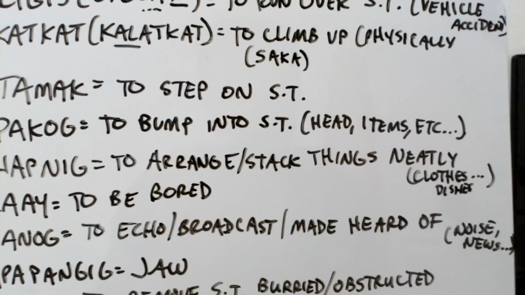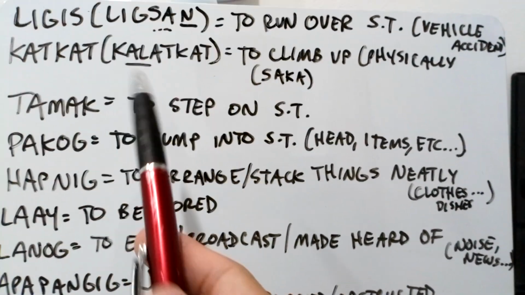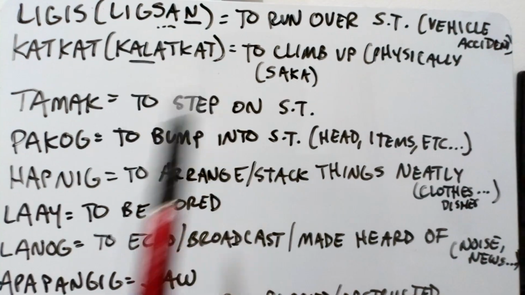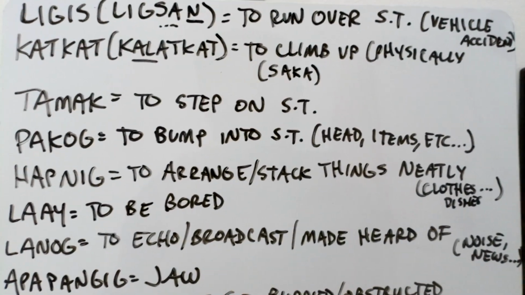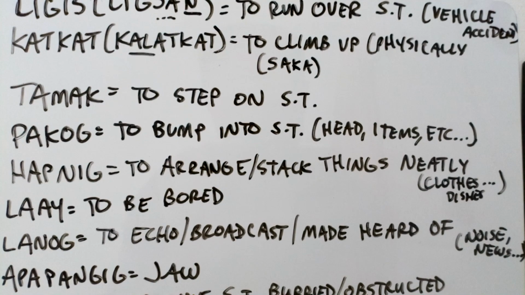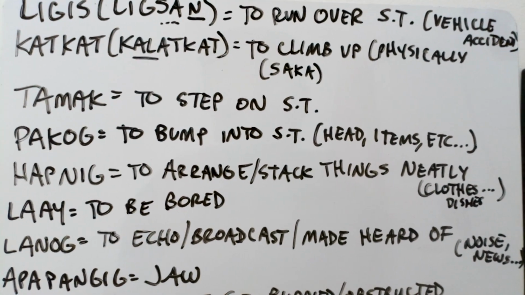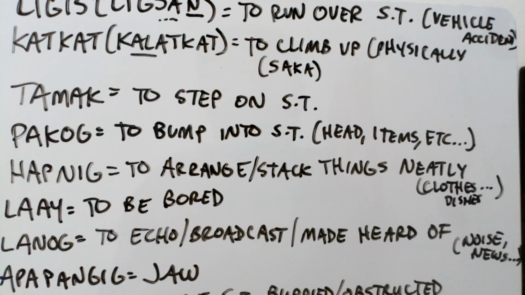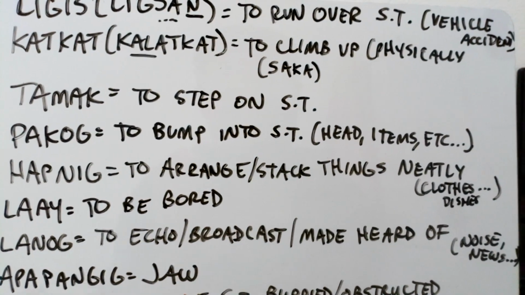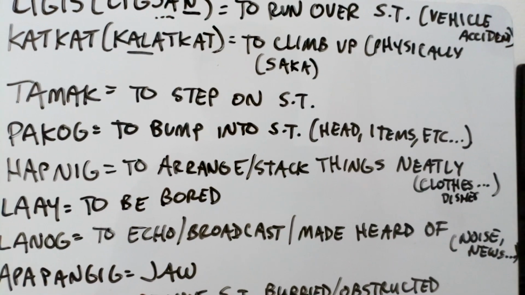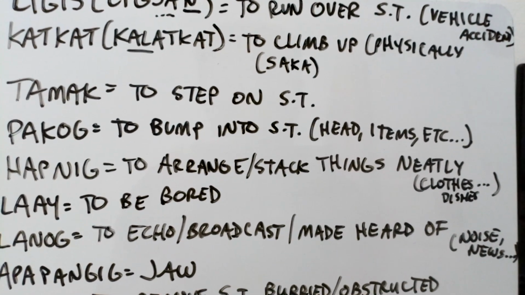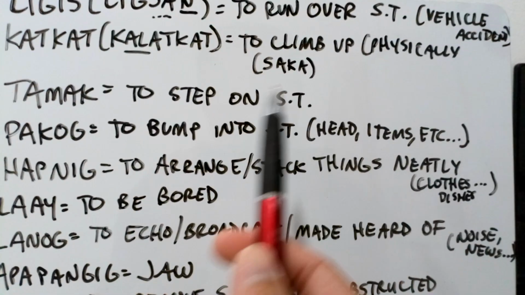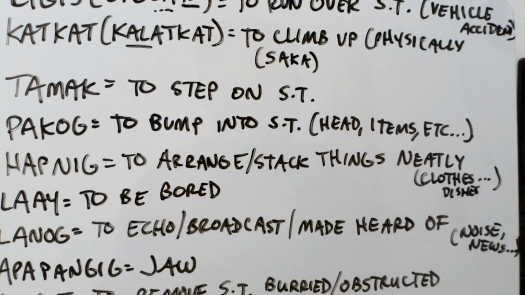But sometimes you can use these words interchangeably, kalatkat or sakat, but sometimes you can't. For example, if I wanted to climb a tree, I can use kalatkat to climb because I'm using all of my limbs, my extremities, my arms, my legs. But I can also use sakat because I went up the tree.